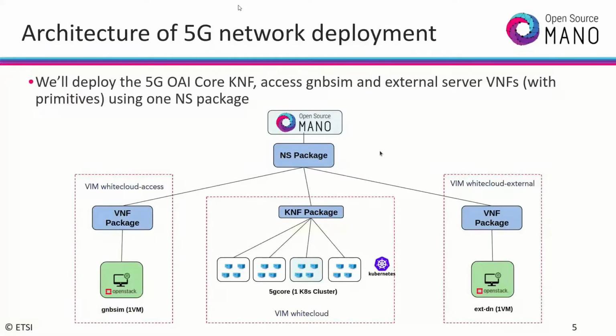So all of these three packages, VNFs, KNFs, are going to be in different VIMs. That's the intention of this demo, to demonstrate that we can deploy in different VIMs, so it could be a multi-site deployment. And all of these three packages are going to be called from this network service package.